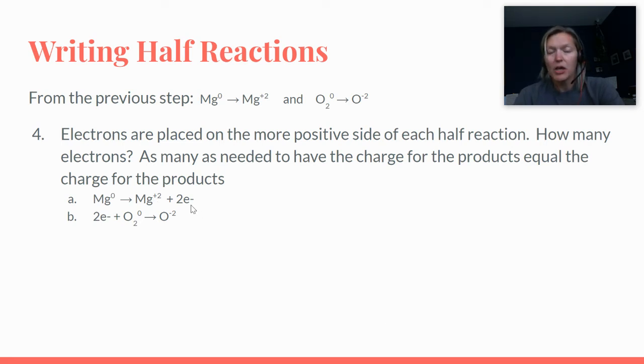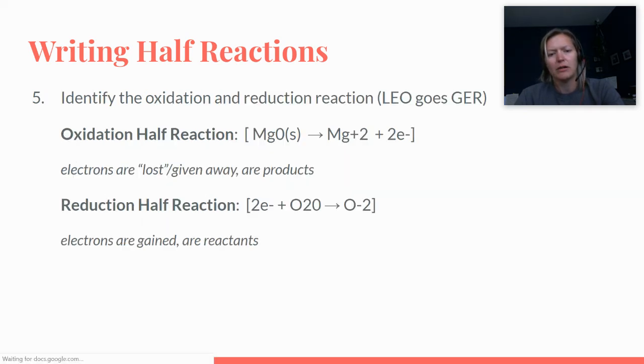How many electrons? How much more positive is it? 0 to a +2 is a difference of 2, so it's 2 electrons. Now, oxygen, 0, oxygen -2. 0 is a more positive number, so we're going to put the electrons on the 0 side. You always put 1 on the reactant and 1 on the product.